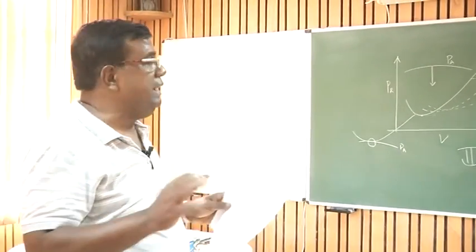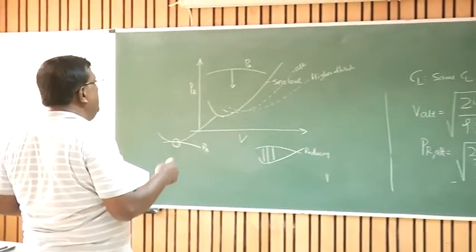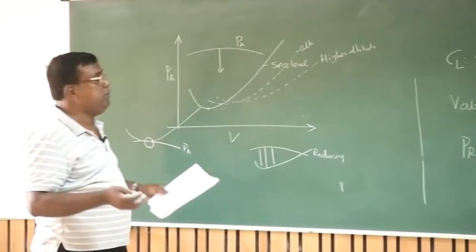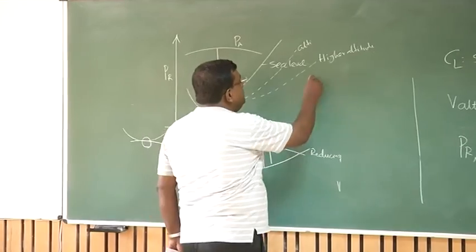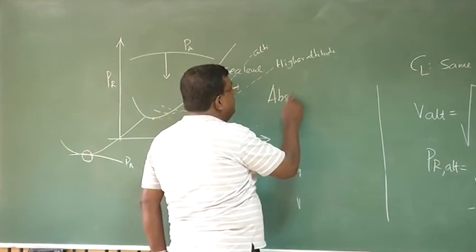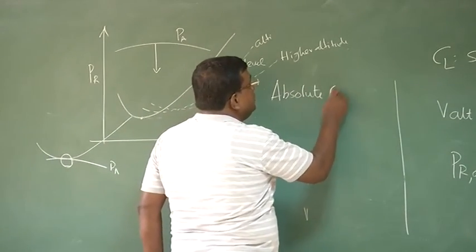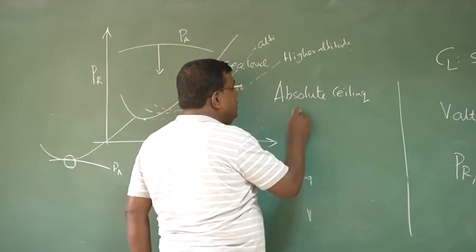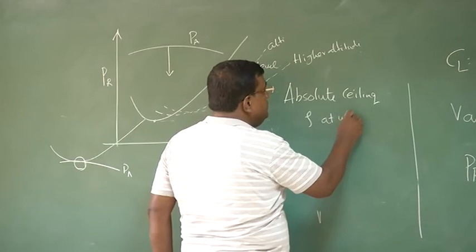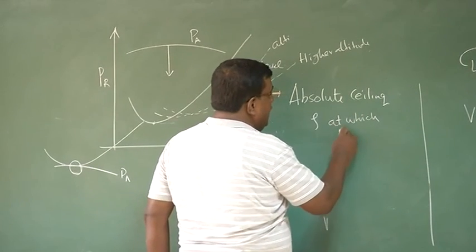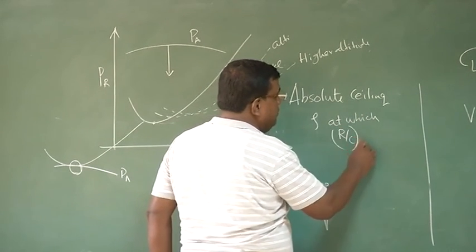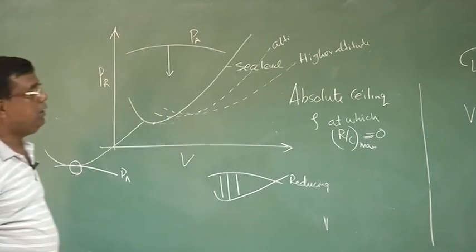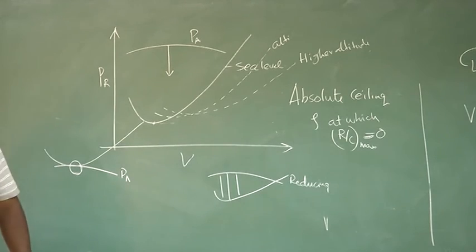That is defined in our aerospace industry as the absolute ceiling. It is that altitude at which the maximum rate of climb is 0.